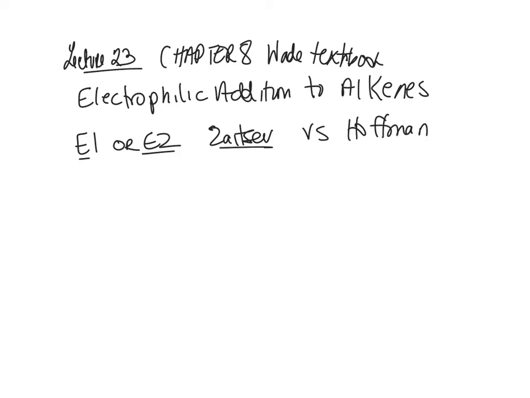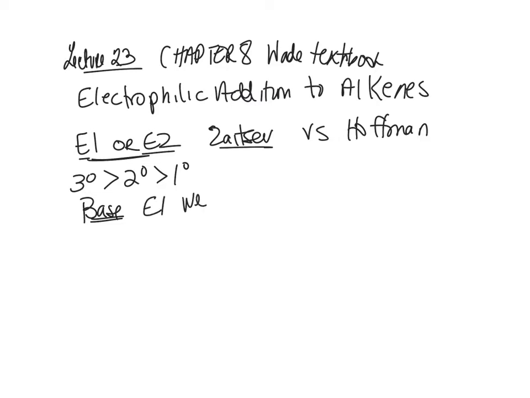And if you remember, we decide based on these mechanisms the reactivity profile is still tertiary is greater than secondary primary for both E1 and E2, but it is the strength of the base that determines whether you have E1 or E2.